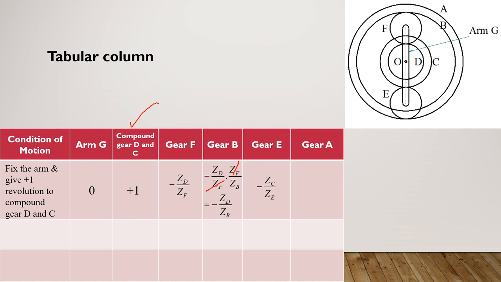First we take C and E, so it is minus ZC by ZE, the first combination. Then E is the driver for A, so it is ZE by ZA. They are rotating in the same direction, so it is positive. So ZE gets cancelled, and the remaining is minus ZC by ZA.